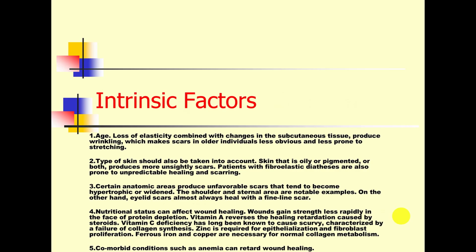Intrinsic factors, as I told you previously about the wound. When I want to get a good, fine scar, it depends on the age of the patient, since different ages have a different healing process and cosmetic result of the wound.